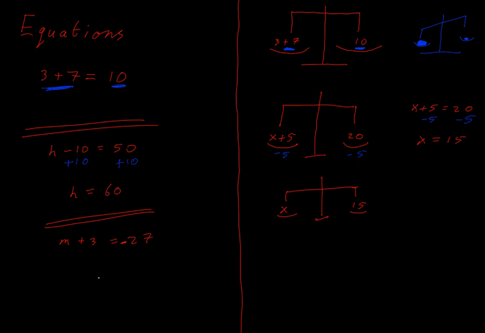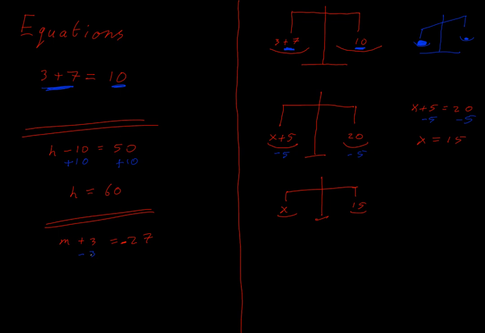How am I going to find out what m is? Well, I have m plus 3 is equal to minus 27. I don't want this plus 3 here. I want m equals a number. So how am I going to get my plus 3 to go to 0? Well, I'm going to take away 3. So if I start at plus 3 and I want to end up at 0, I would take away 3.